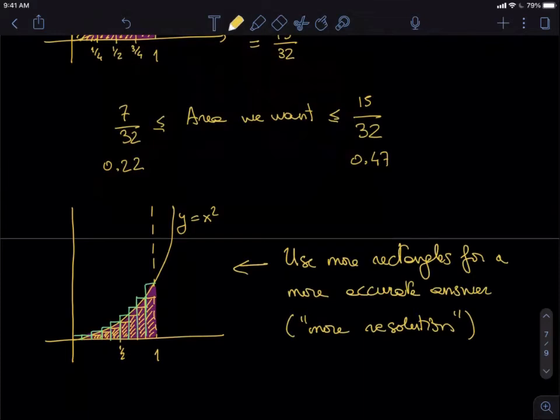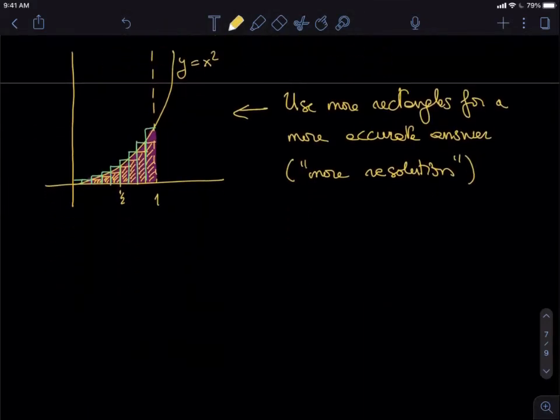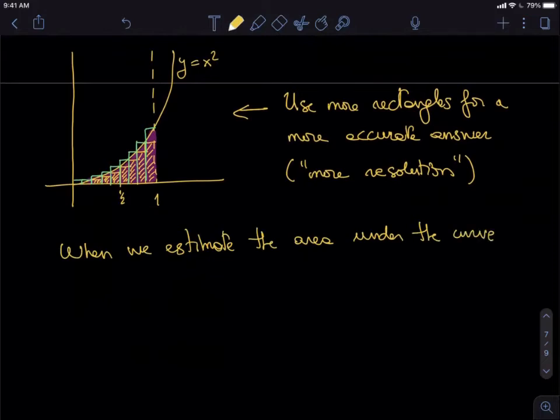So let's recap. Here, when we estimate the area under the curve, we get to choose two things.